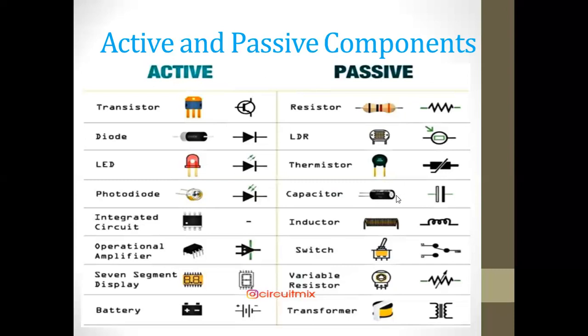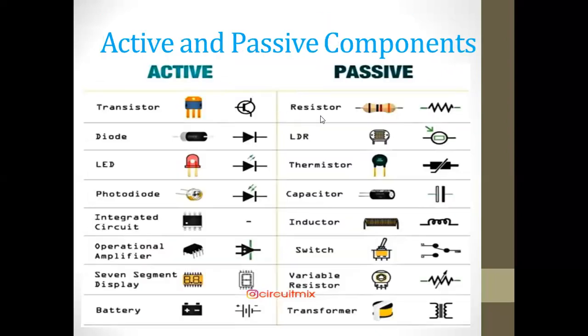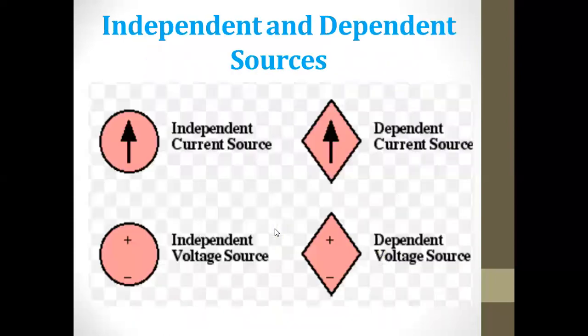Coming to the sources. As I've already mentioned, we have a battery source, which can be called a voltage source, or it can even be a current source. Here we have two different types of sources: independent sources and dependent sources.